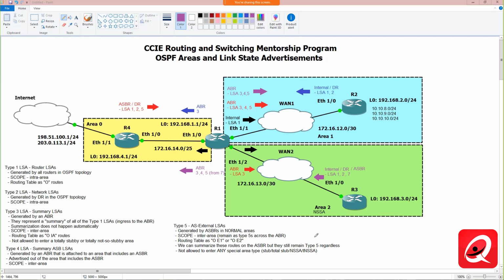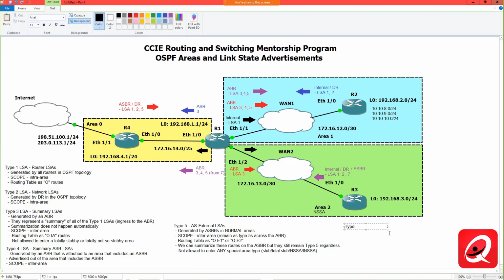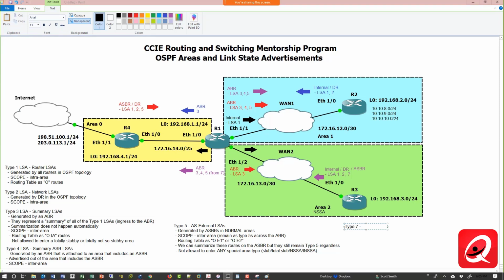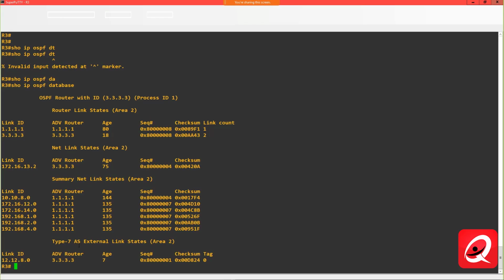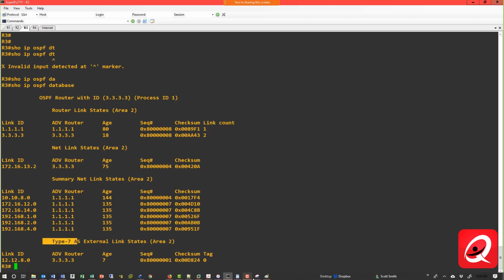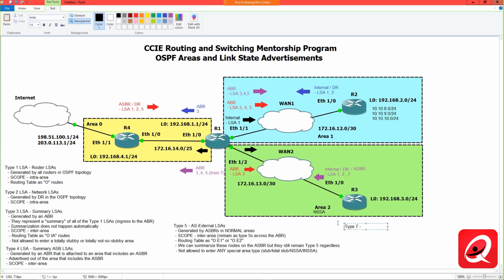I did need to add a couple of things here, and I totally forgot that. I was going to put in my Type 7 stuff here. Type 7 LSAs, as you can see from the database here, are referred to as AS external links, but they're just listed simply as Type 7 AS external. I'll just call that AS external, which is unique from Type 5s because Type 5s are also called AS external, but they're indicated with a Type 5 next to them as opposed to a Type 7.